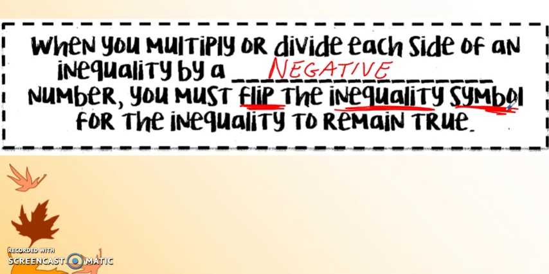Negatives work in reverse. They look like they're getting bigger as you go to the left because we all have learned that 5 is bigger than 1. However, in negatives, it's the opposite. Negative 5 is smaller than negative 1. So we need to take that into consideration with inequalities.